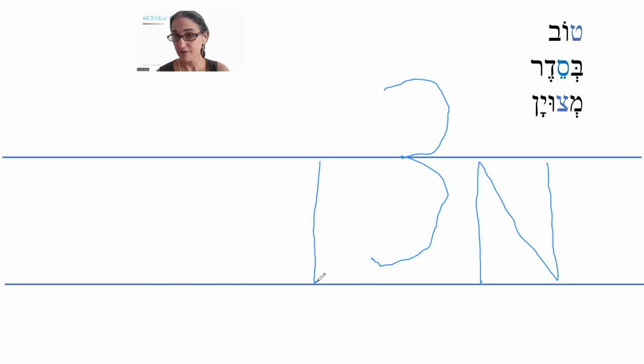And a vav for the U sound, metzu, and a yud, short vertical line, and then a nun, long vertical line. And this is our מצוין.